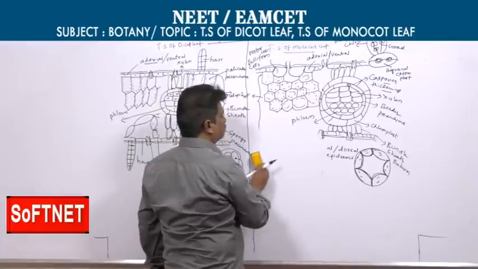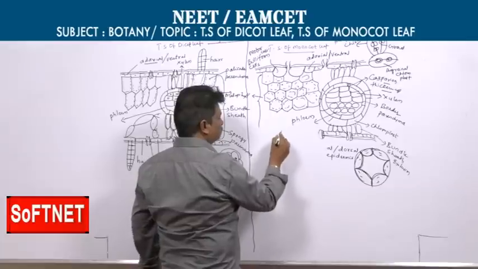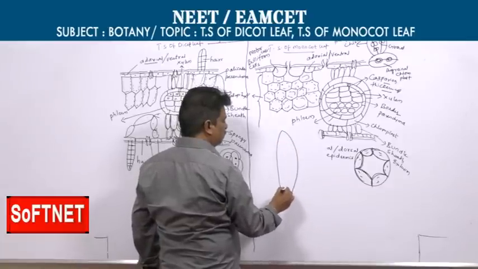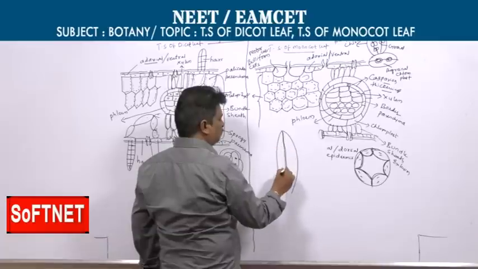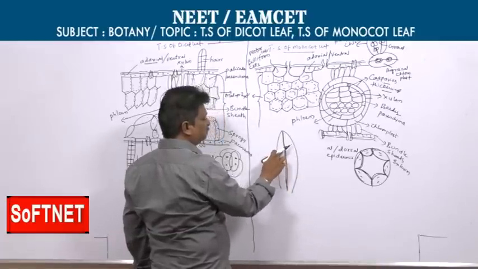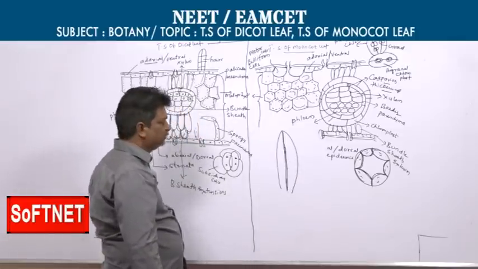And one more point about Cycas. Cycas is a gymnosperm. It shows xerophytic adaptations. In Cycas leaflet, there is only a midrib and lateral veins are absent.